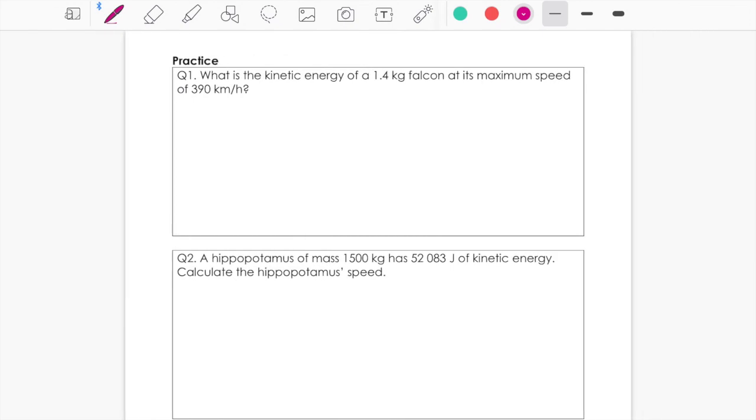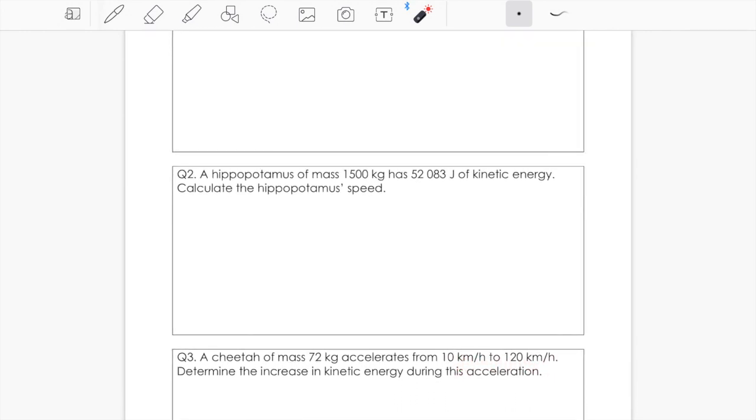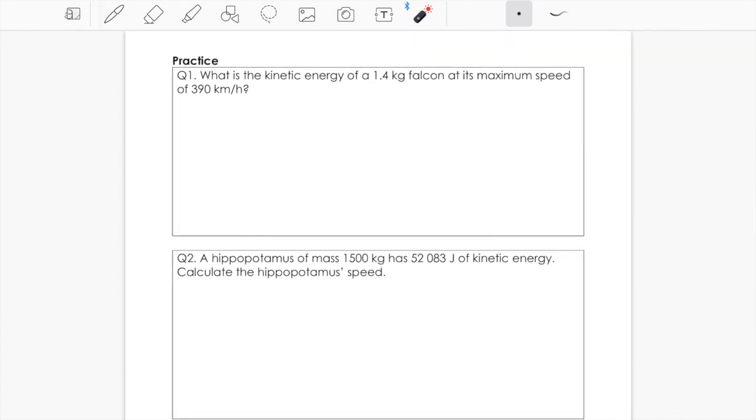For your practice problems, the biggest thing that you need to consider is that a lot of them are going to give you the wrong units, where they might give you kilometers per hour. These two are in kilometers per hour, so make sure you convert them to meters per second before you start. For question number 1, it's going to be pretty simple. We're just going to be plugging into the basic kinetic energy equation, 1/2 mv squared.